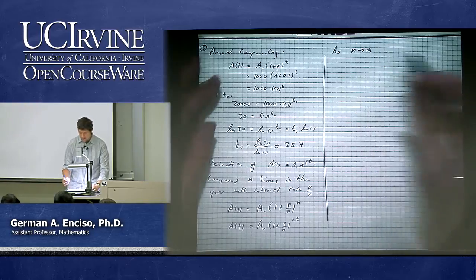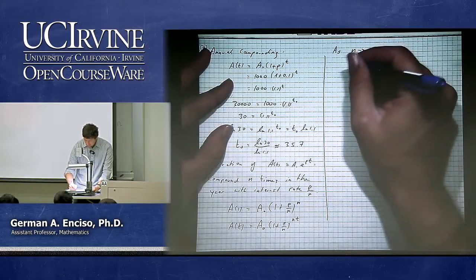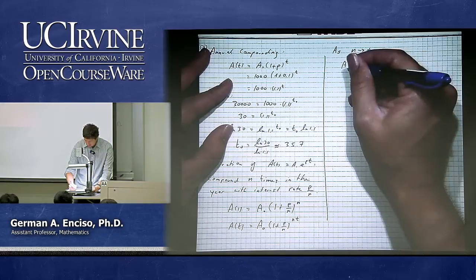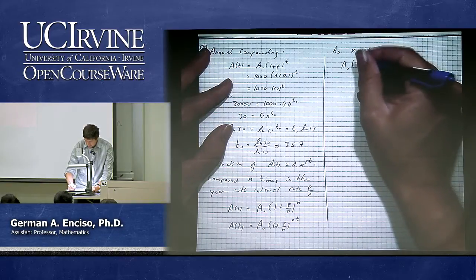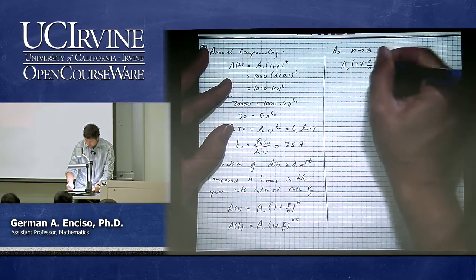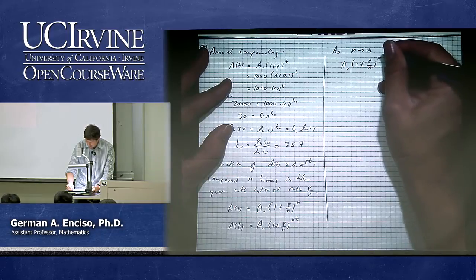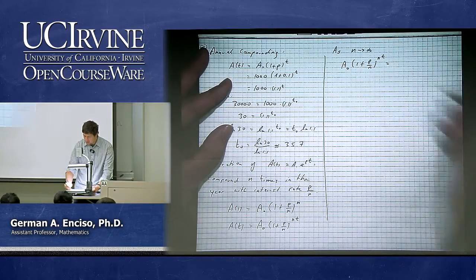As n gets very, very large, this expression A0 (1 plus P over n)^(nt), I'm going to do a trick.